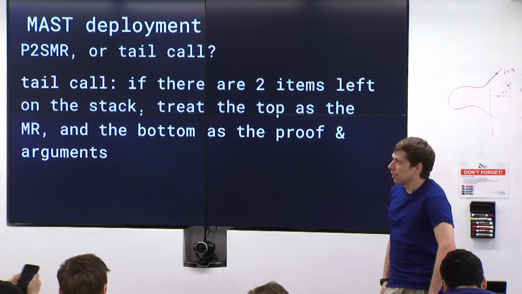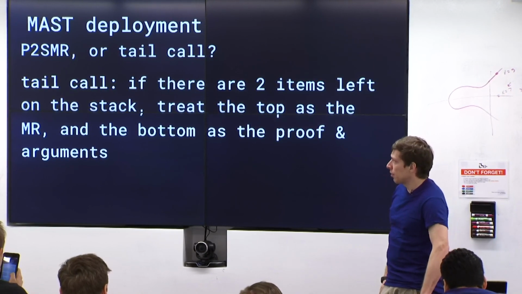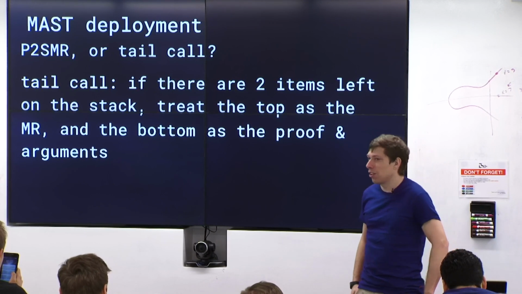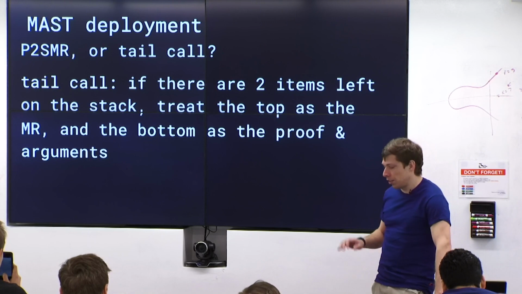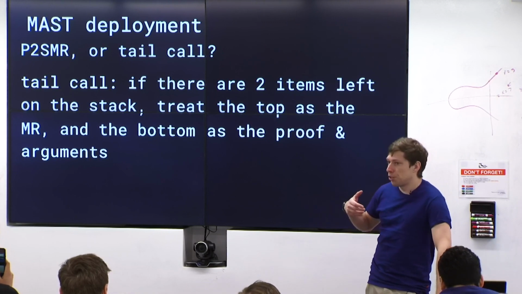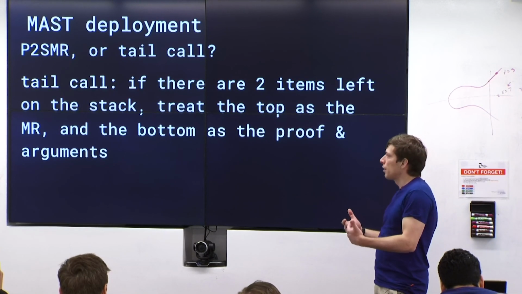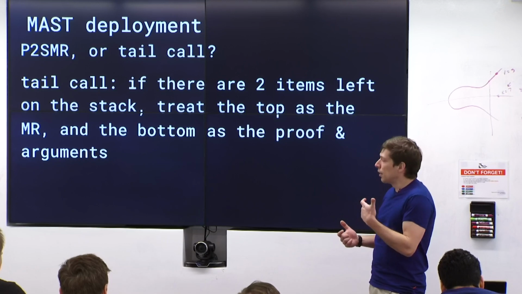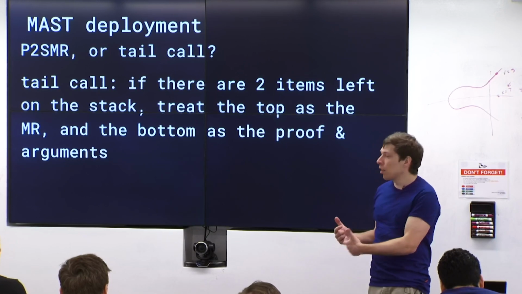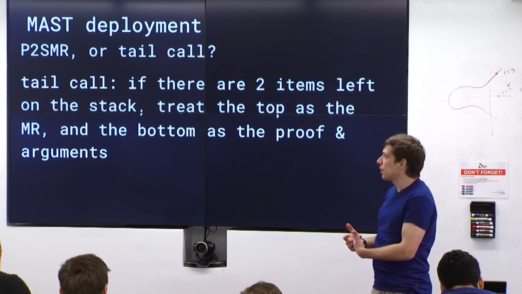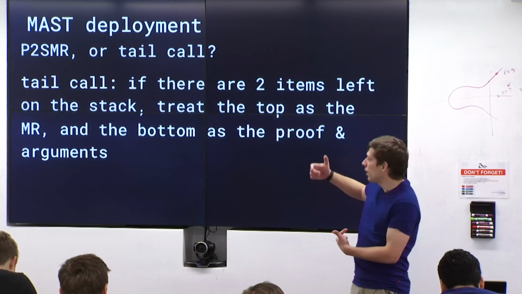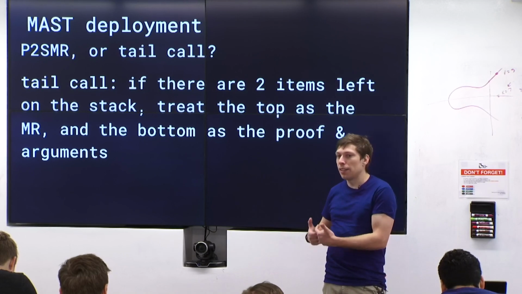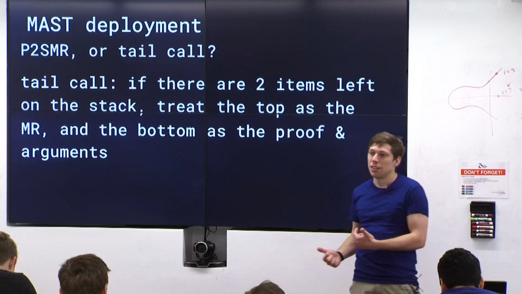Another way, which is kind of cool, and people were talking about it recently, is this tail call recursion looking thing, where the idea is if you evaluate your script, and then there's 2 items left on the stack at the end, one of these items, the bottom one, is a Merkle root, and the other item on the stack is the proof and arguments, another script.